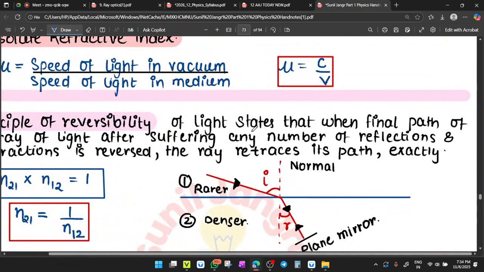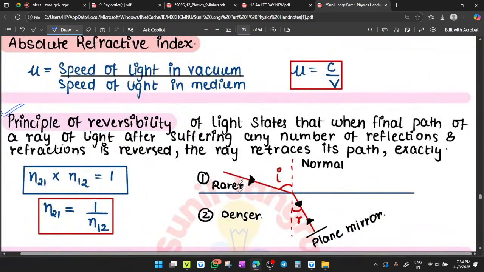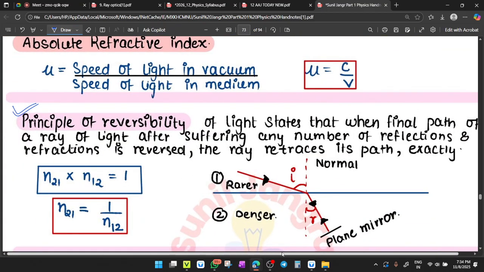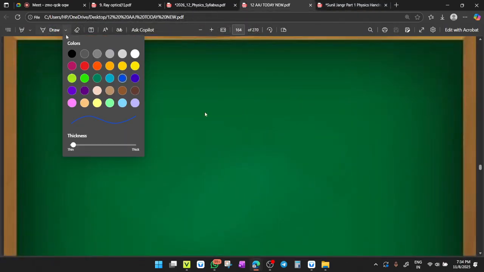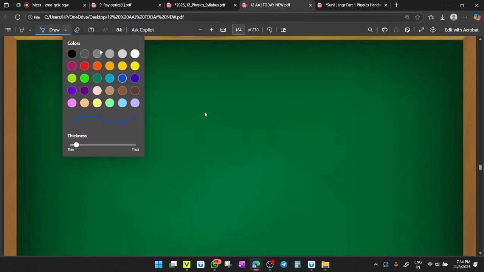In the last class, I said that the refractive index of one medium with respect to another medium, if a light is moving from one medium to another, this is medium one. So if a light ray is coming like this and moving to the second medium, this is medium number one and this is medium number two.